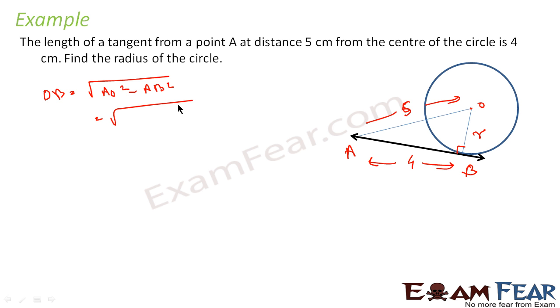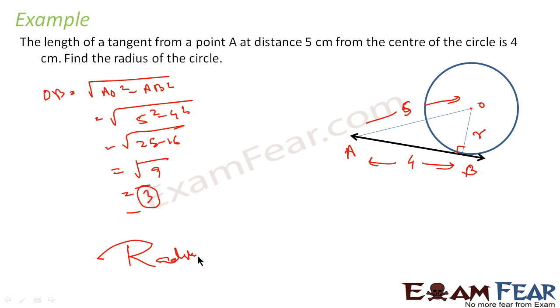This is root of 5 square minus 4 square, which is root of 25 minus 16, which is root of 9, which is 3. So OB is 3. So we can say that the radius of the circle is 3 centimeters. Very simple. We just saw that this is a right triangle and used the Pythagoras theorem to get the answer.